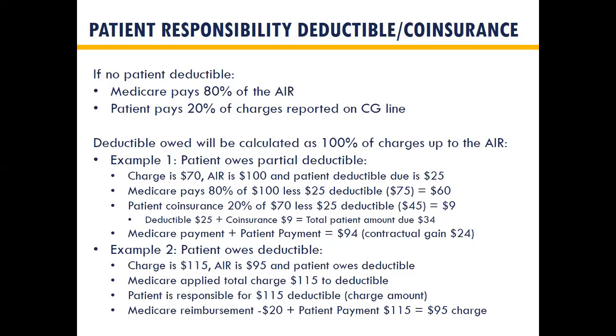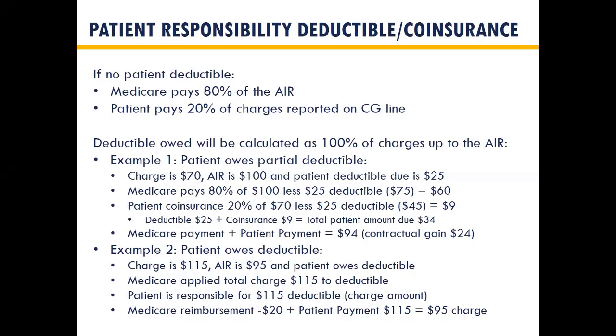We'll just, for this instance, say patient payment. $25 deductible, coinsurance of 9. The patient's going to pay you 34. So our Medicare payment of 60 plus the patient's payment of 34 gives you a total of $94. In this instance, you're going to have to post as a contractual gain because your charges were only $70.